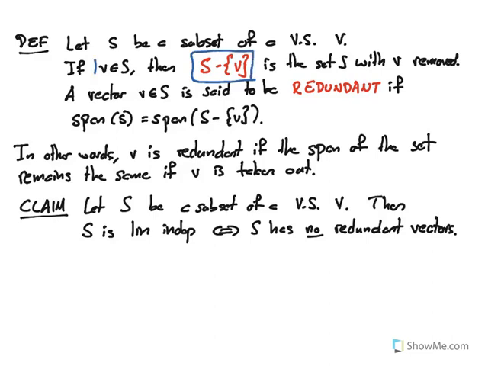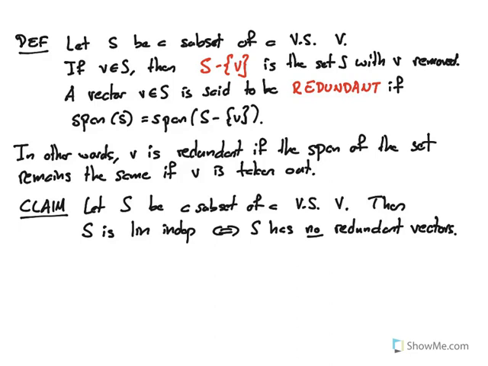V is an element in S, and if I subtract V from S, I write that as S minus the set {V}. I'm redefining the minus symbol here. Sometimes people use a backslash, but it really just means take a set and remove one element in the set.